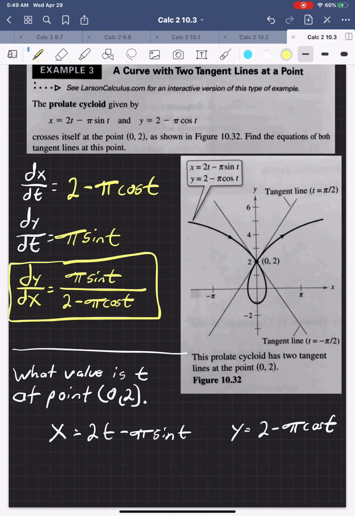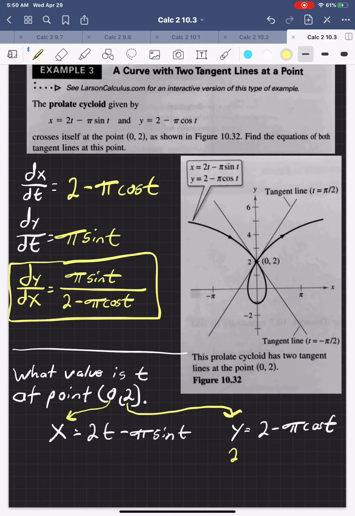Okay, so at the point (0, 2), I'm going to take 0 and plug it in for x, and take 2 and plug it in for y. It doesn't really matter how you do this, but let's take this one.